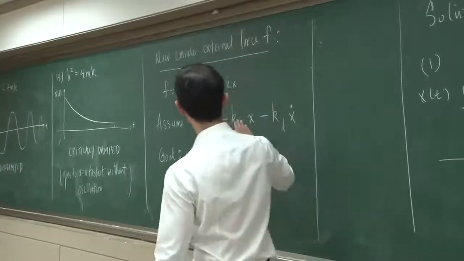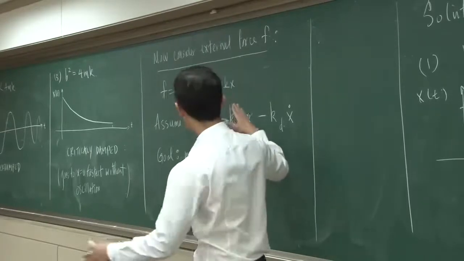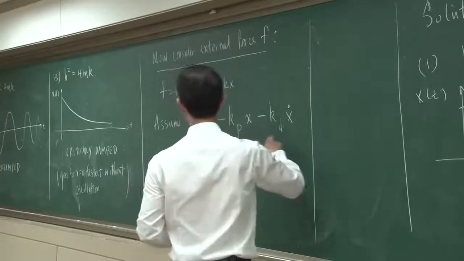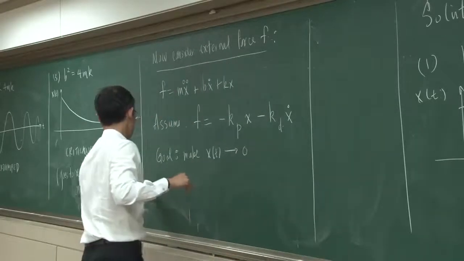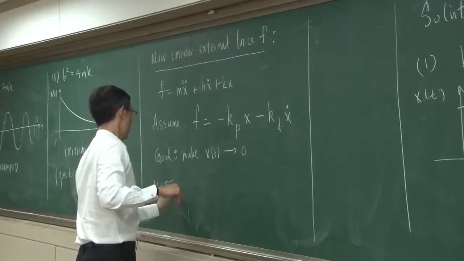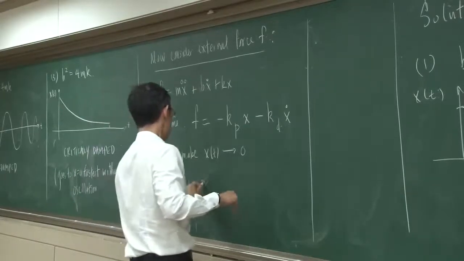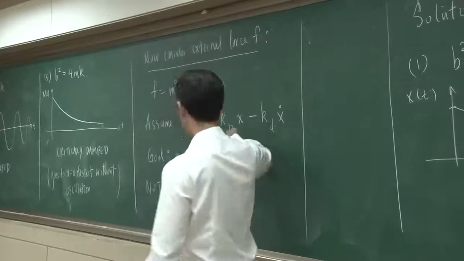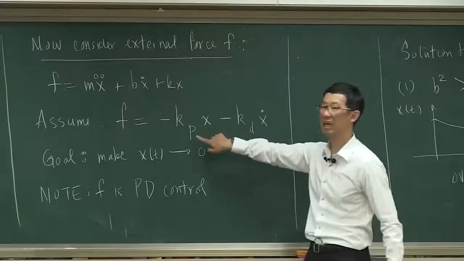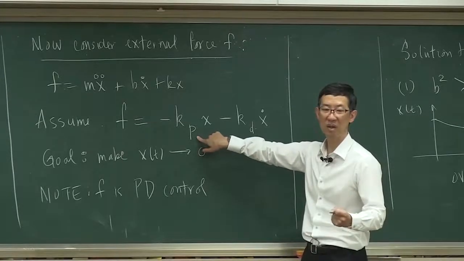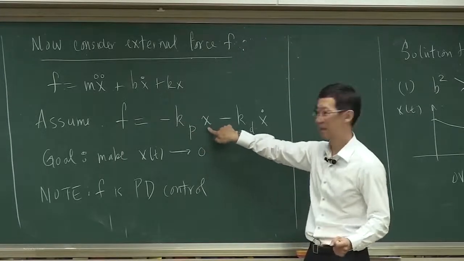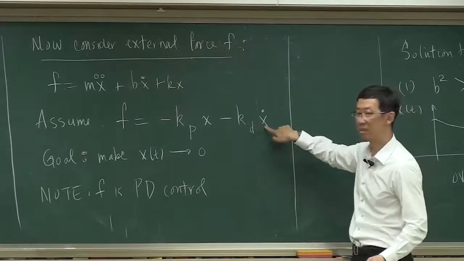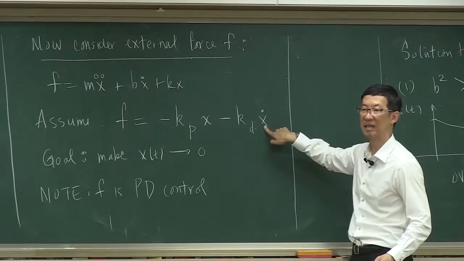As I said, this is PD control. Note F is a PD control law. There's the P, there's the D. P implies proportional, it's proportional to x. D is the derivative term, so Kd is multiplied by the derivative x dot.